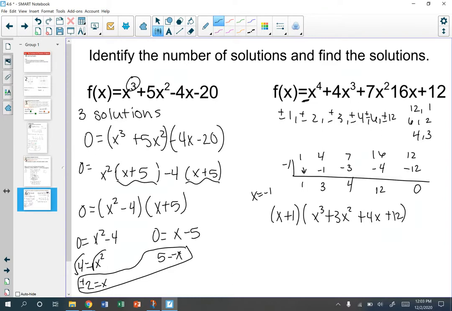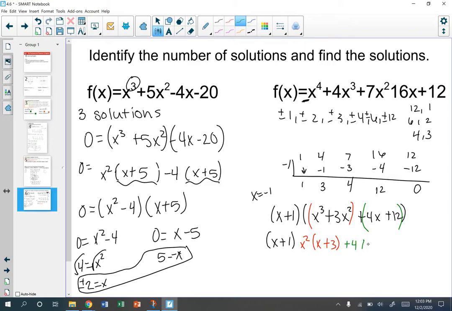Now I have 4 terms, so I'm going to try factor by grouping first. I'll group my first 2 terms here and my second 2 terms there. First, I see that I can take out an x squared, so I'm left with x plus 3. And on the second one, I see I can take out a 4, right?